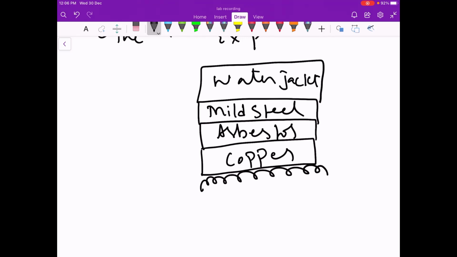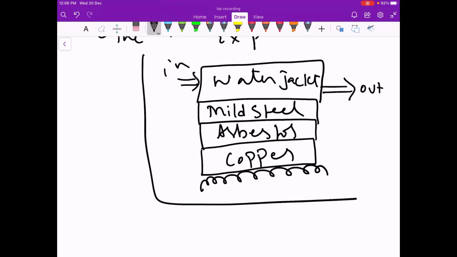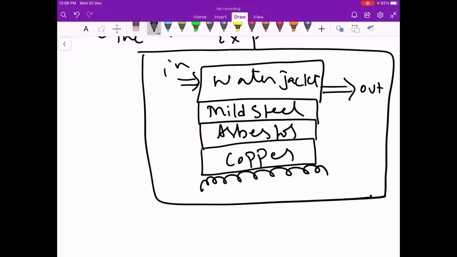So you have water inlet and water outlet. This entire setup is insulated, the whole setup is insulated with glass wool and all those things.